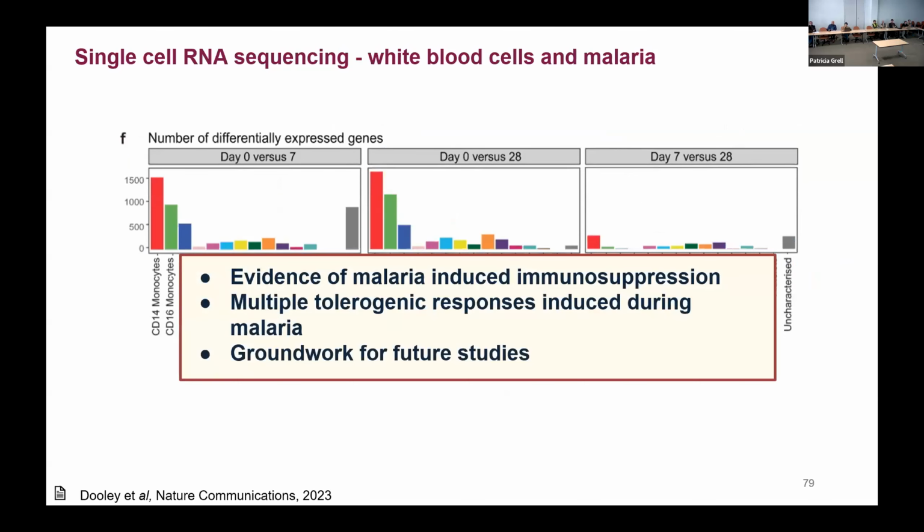And they found very strong evidence of this malaria-induced immunosuppression. They call it a multiple tolerogenic response during malaria. And they made all their data publicly available, as groundwork for future studies looking at which parasite variant might be more or less damaging in the long term in this population.